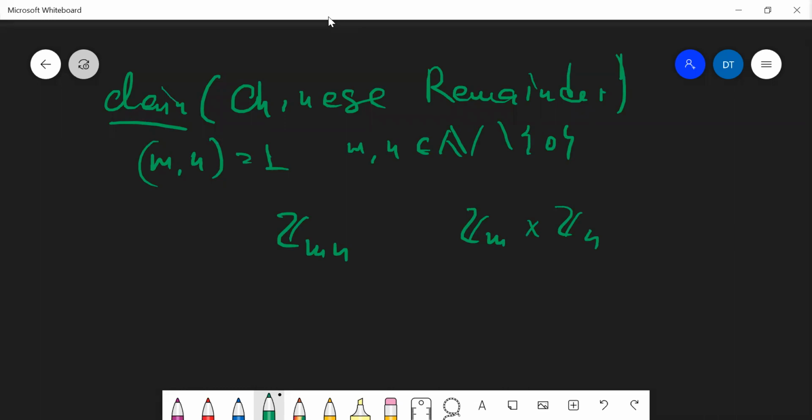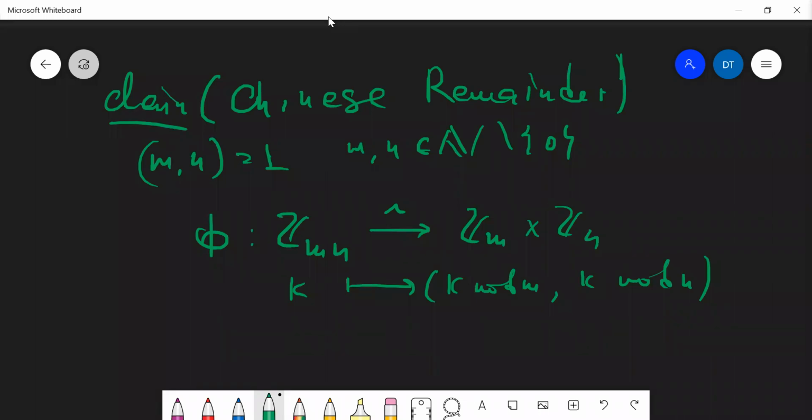The Chinese remainder theorem says that if M and N are co-prime, then we have an isomorphism between these two groups. The isomorphism works as follows: you take an arbitrary remainder K and send it to (K mod M, K mod N). This map gives you an isomorphism between the left and the right-hand side. So this is the Chinese remainder theorem.